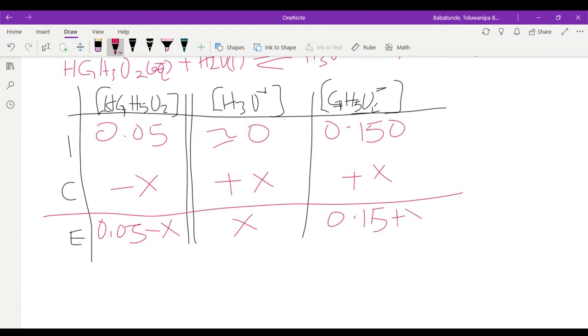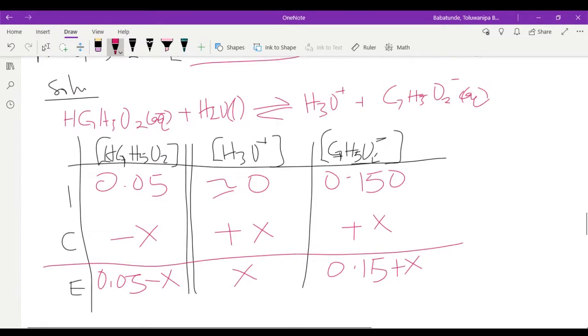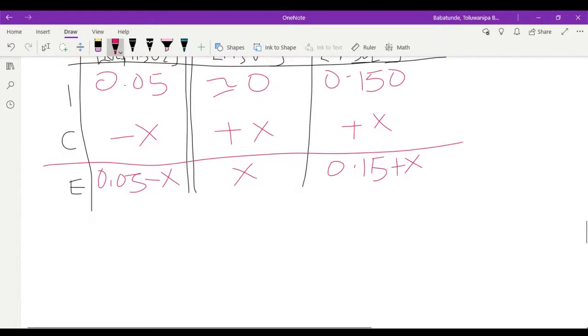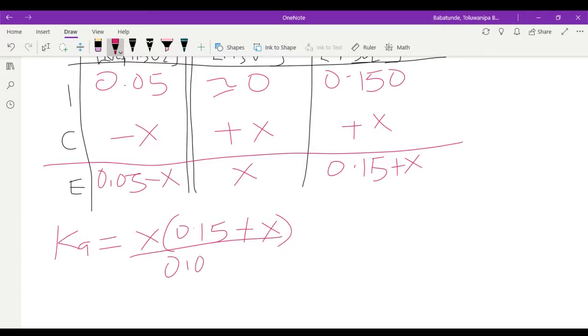plus x. And if you write our equilibrium expression from the equation, it's going to give us Ka is going to be x into 0.15. Remember, this is our product, plus x over 0.05 minus x.